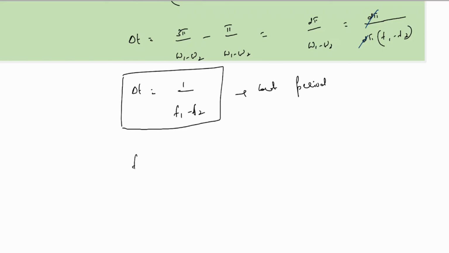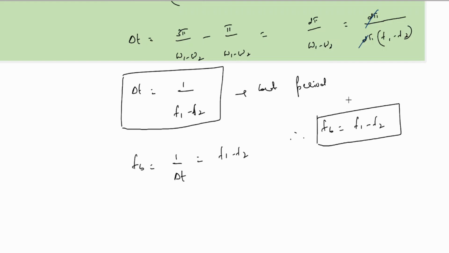We will call it fb, that is equal to 1 by delta t, because frequency goes as 1 by time period or time interval, that is equal to f1 minus f2. Therefore, the beat frequency is given as the difference of two frequencies.